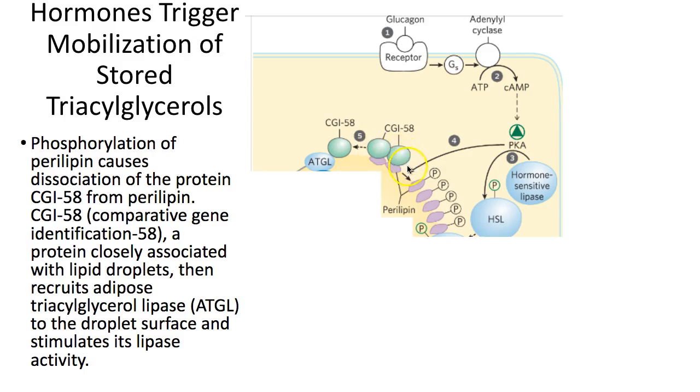As this phosphorylation is happening, it causes dissociation of this protein away from the surface of the perilipin, and then it goes and interacts with the ATGL, which is another enzyme that now becomes activated and can start doing some lipase activity.